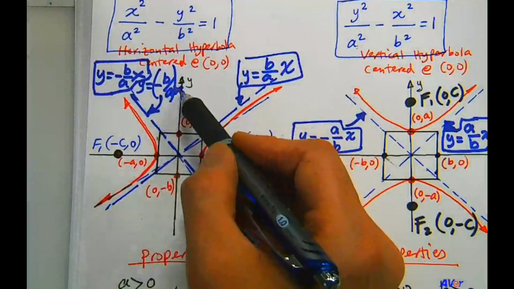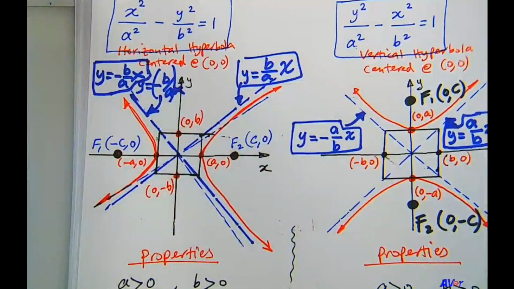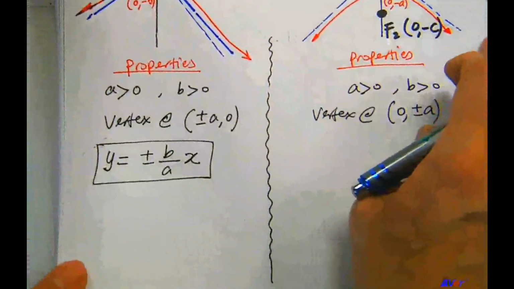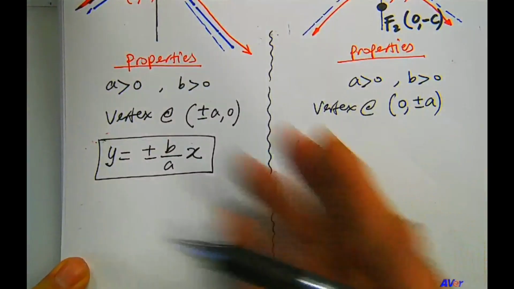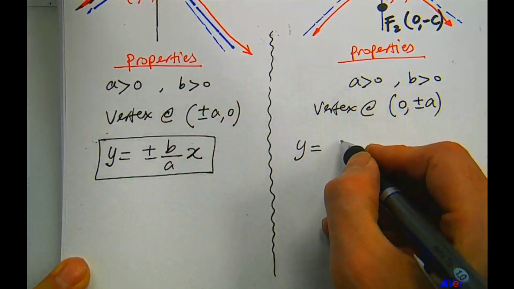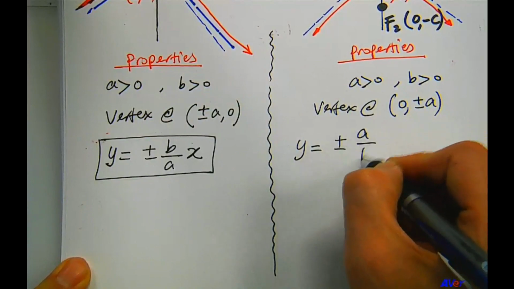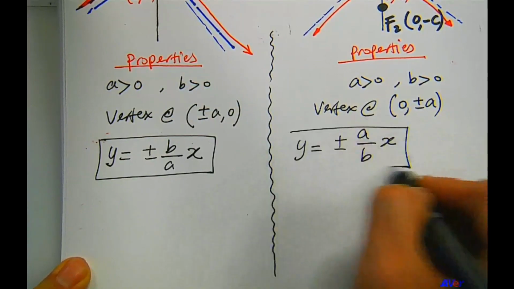Because it looks as if X is in the denominator, but it's not. Okay, so that's that. And by the same token, the equation of the asymptotes for the vertical hyperbola is plus or minus A over B times X.